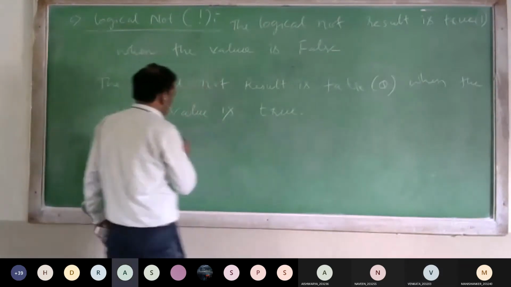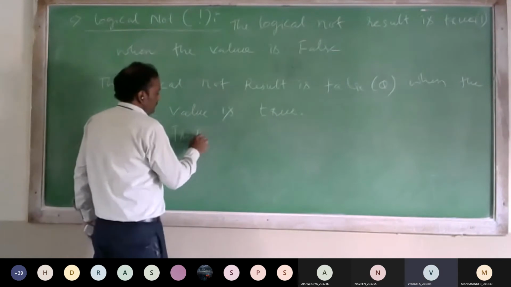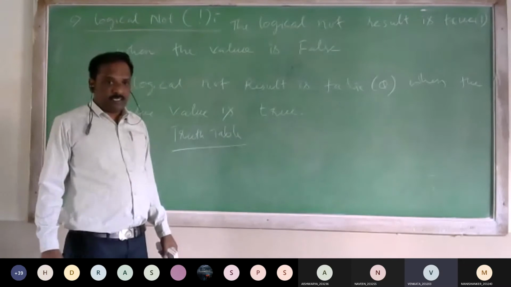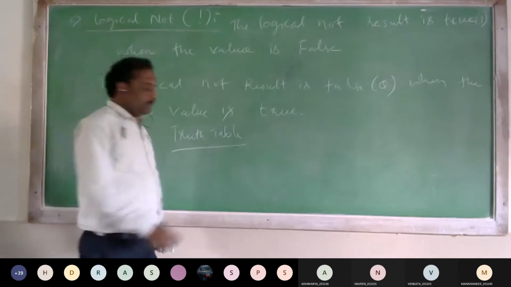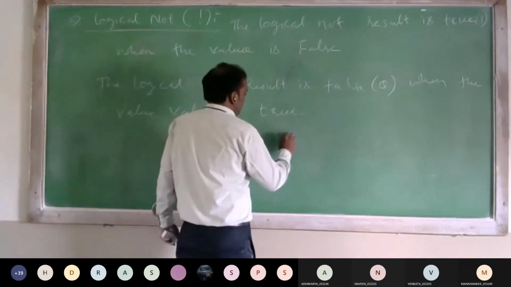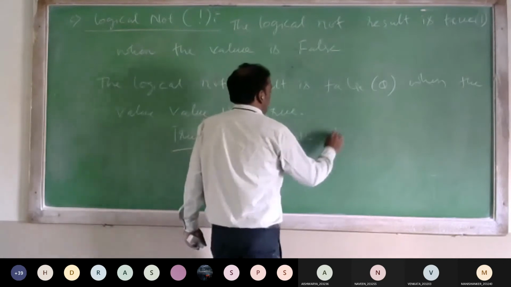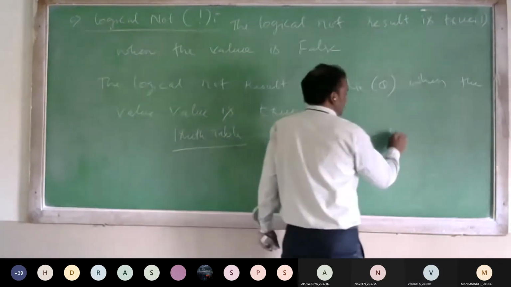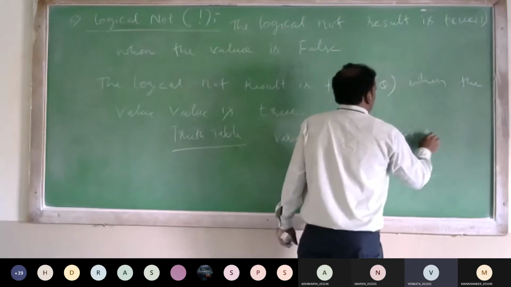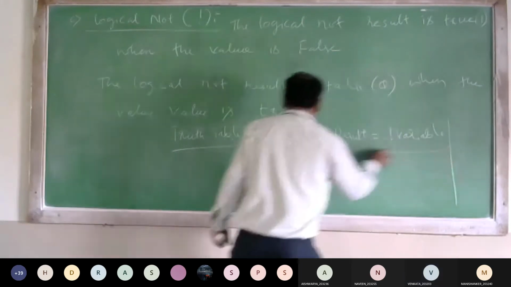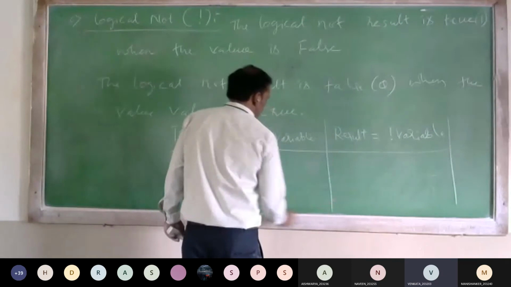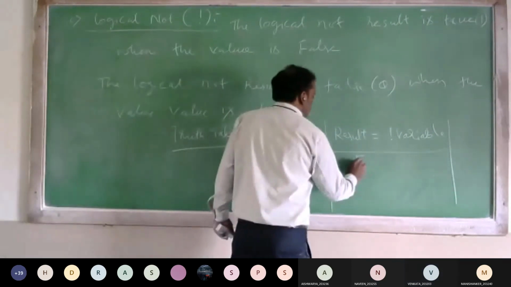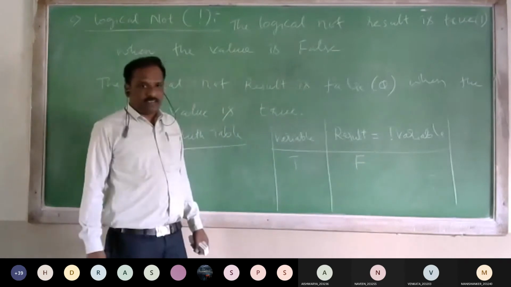Now, truth table for logical NOT. Variable, result. Result is equal to not variable. If the variable is true, then the result will be false.